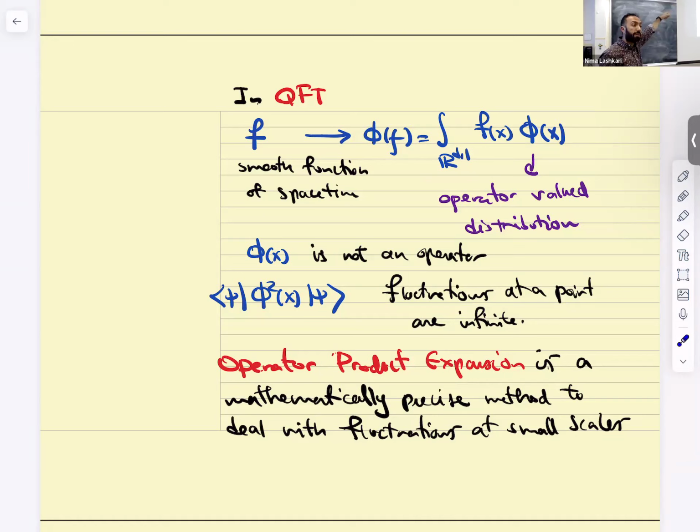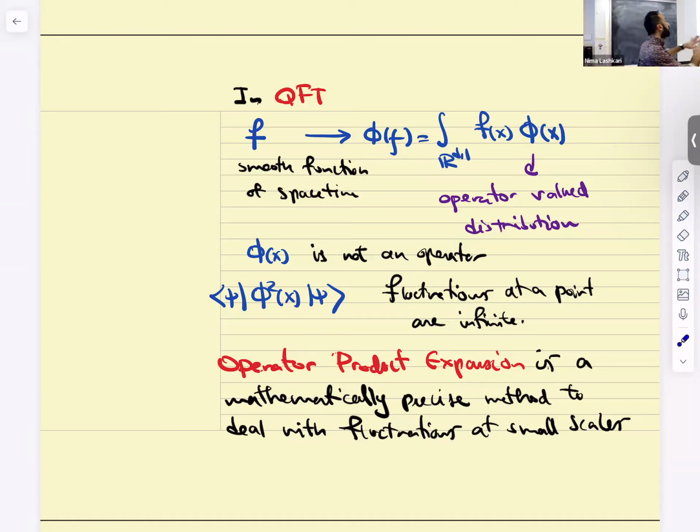You know that it blows up, because when you calculate the two-point function and take the limit of the two points becoming coincident, it blows up. These were the UV divergences of quantum field theory. In the operator product expansion, in a mathematically precise way, we deal with these fluctuations at small scales. We don't put the operators on top of each other, but we look at the small distance regime. So that's a basic concept.